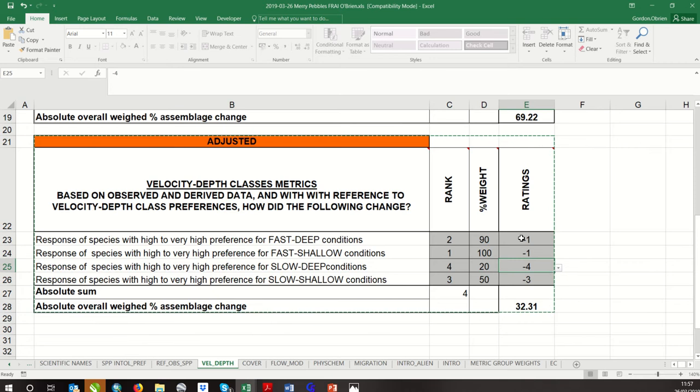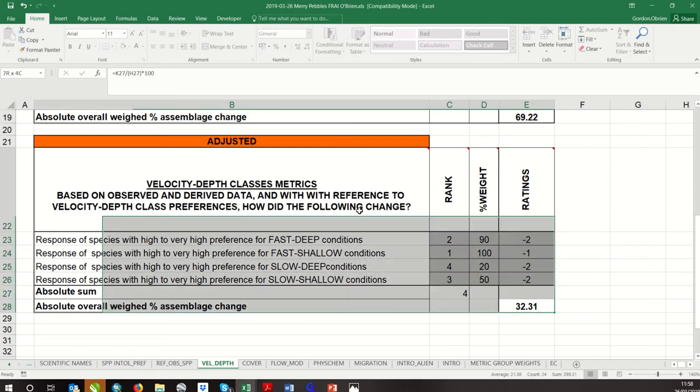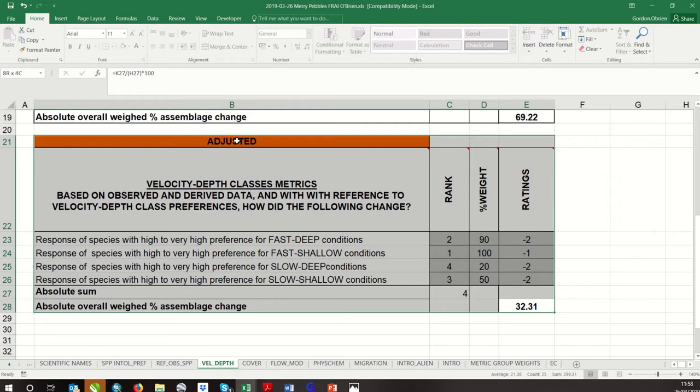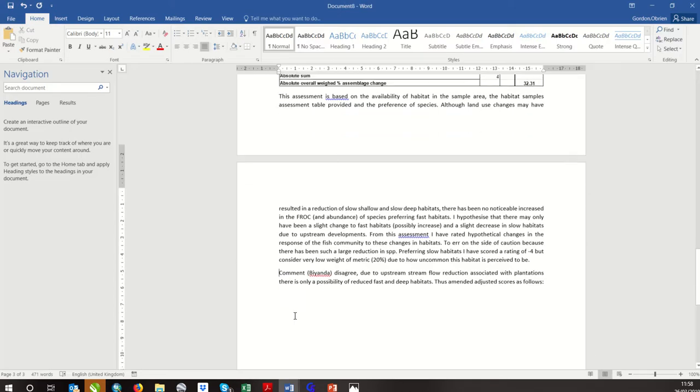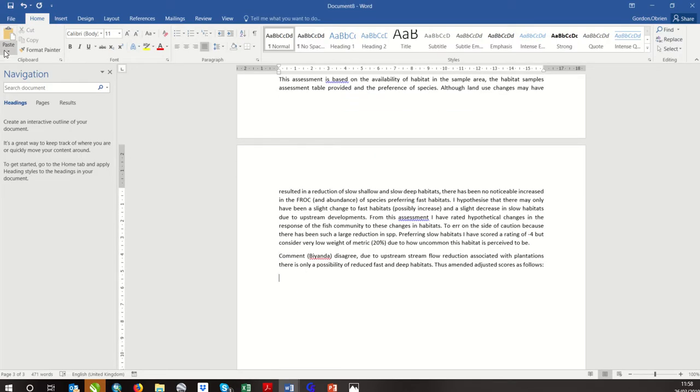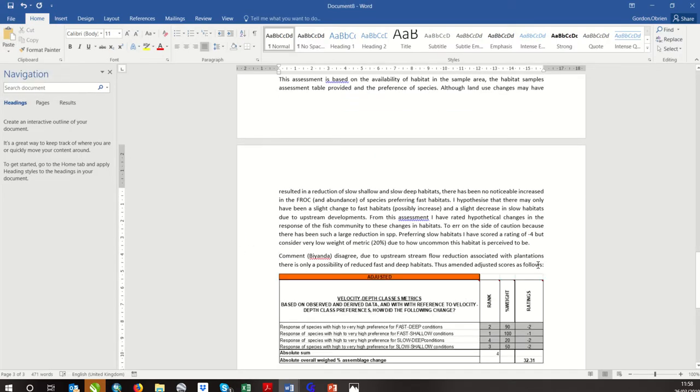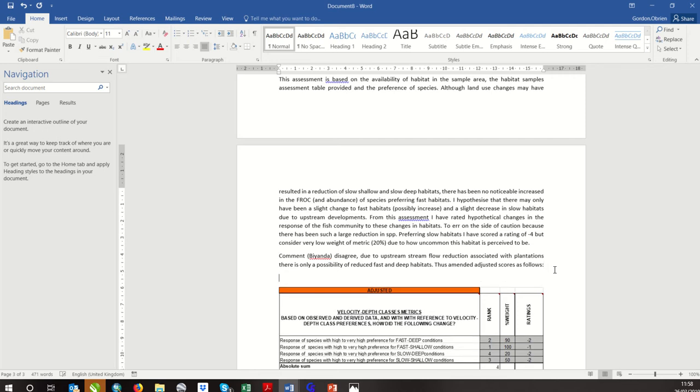Okay, and then what you could have done is you could have said, okay, this has got to be -2, this is going to be -2, and this is probably going to go up. You with me? So you could have changed it like that, and then put it over here.